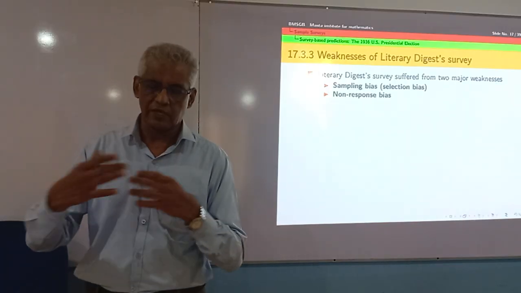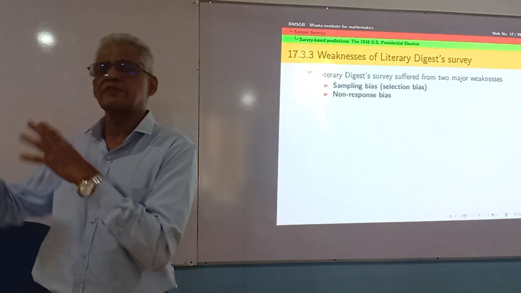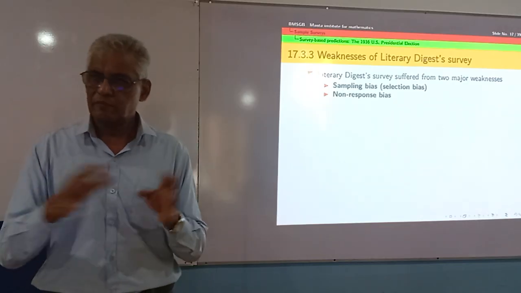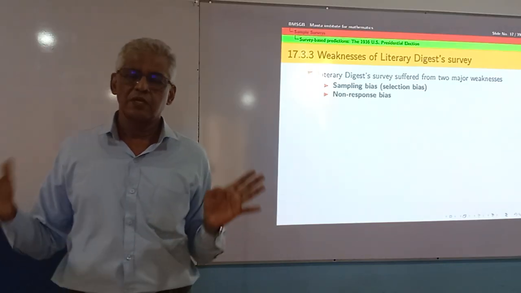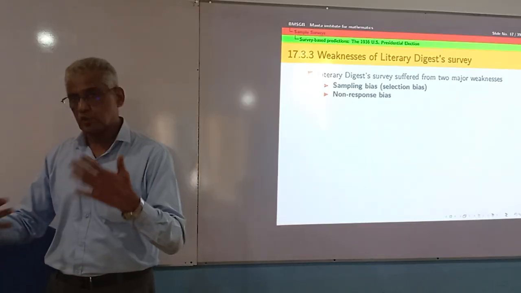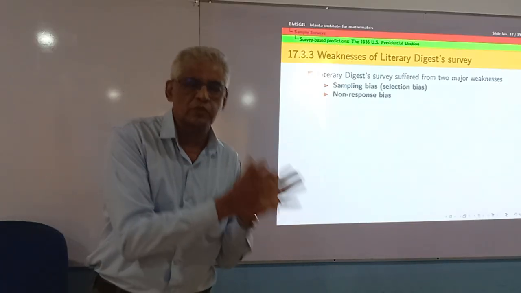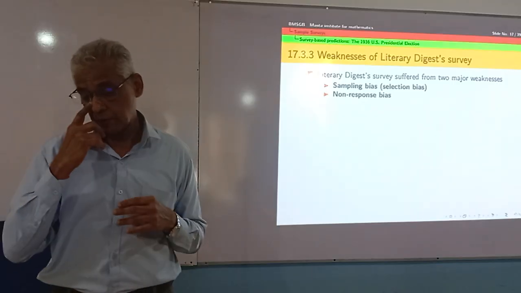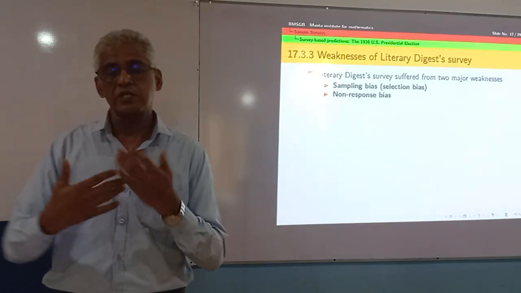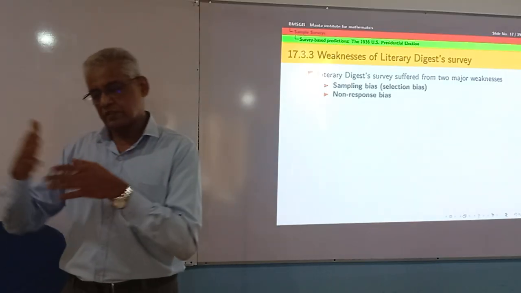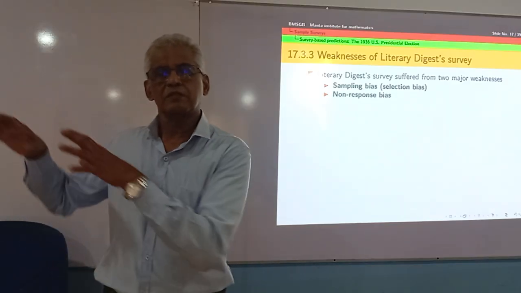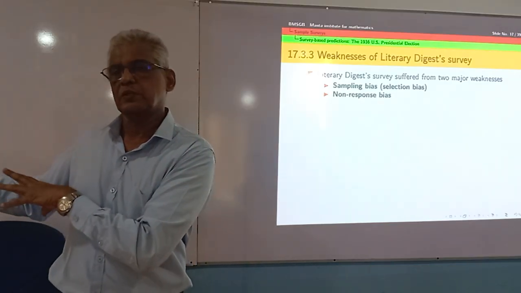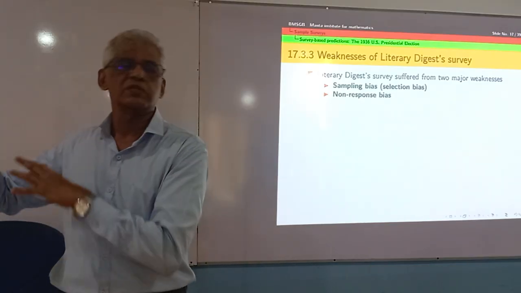In random sampling methods, everybody has some chance of being selected. Probably not an equal chance, but some chance, and usually we know what the chance is for each type of people. But in some sampling plans, there are some groups of people who don't have any chance of being selected.